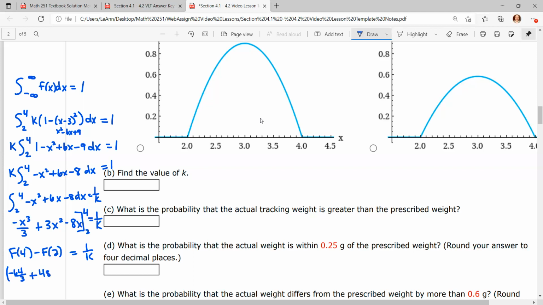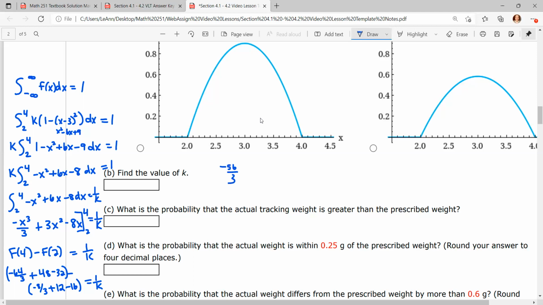Negative 8 times 4 is negative 32, minus my second one is going to be negative 8/3, plus that's going to be 4 times 3 is 12, minus 16, close my parentheses, all equal to 1 over k. Now I'm running out of room, so I'm going to write this up here. If I combine like terms and distribute my negative here, I'm going to get negative 64 thirds plus 8 thirds is actually negative 56 thirds.